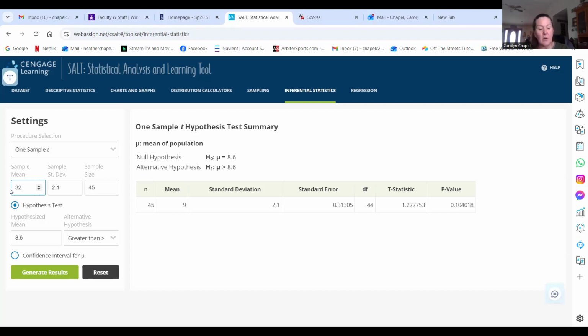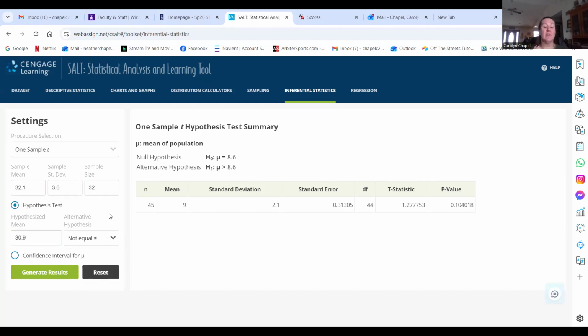If I go back into the question, I find my sample standard deviation to be 3.6, and my sample size was 32. We took 32 people. The hypothesized mean is the 30.9, the nationwide piece, and we are thinking not equal to.